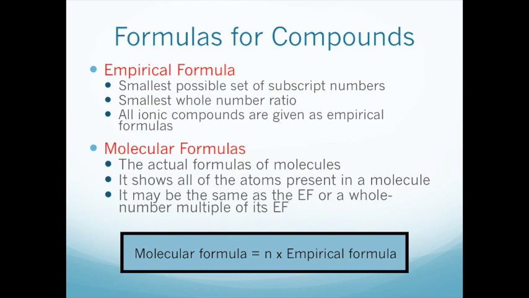But all of the bonds are identical. And then there are molecular formulas, which are the actual formulas for molecules, and it shows all of the atoms present in a molecule. They may be the same or different from the empirical formula. If they're different, then you obtain the molecular formula as a factor N times the empirical formula.